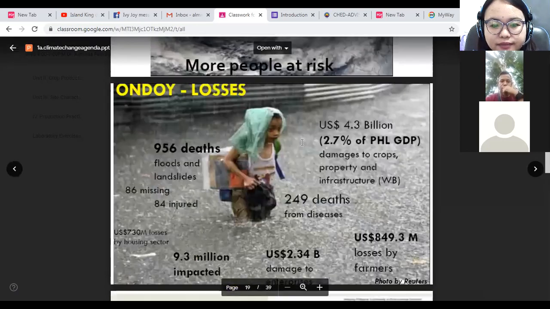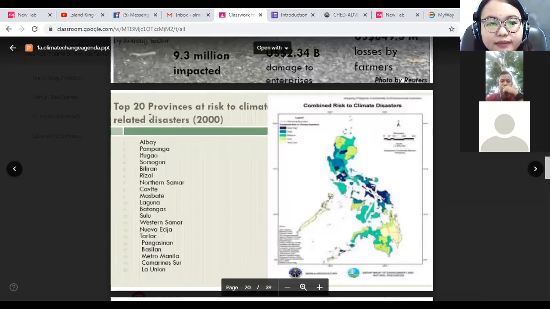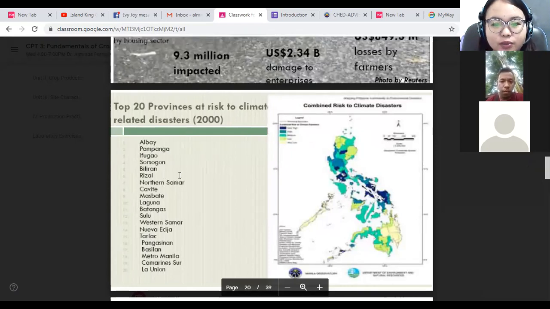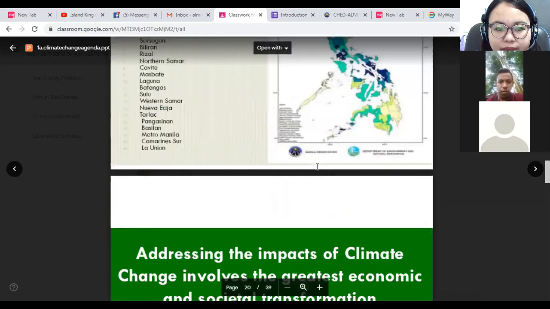In the Philippines, we have the top 20 provinces which are very much at risk to climate-related disasters, enumerated as follows: Albay, Pampanga, and so on. So far, ito yon.